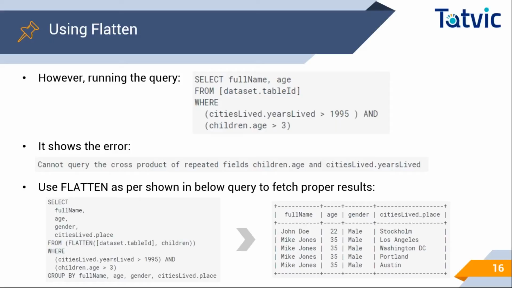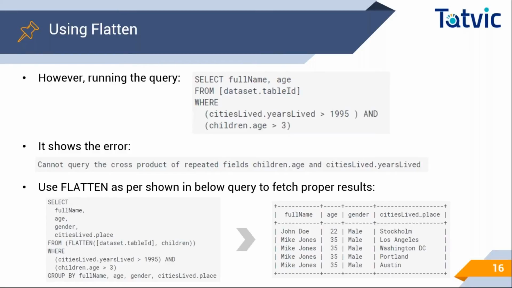BigQuery does not directly understand that it needs to make a cross product of this, and that's when you will see one of the most annoying errors I've ever seen: cannot query the cross product of repeated fields. It will also tell you which fields are repeated fields it cannot make a cross product of. What you need to do is simply flatten one of these fields.